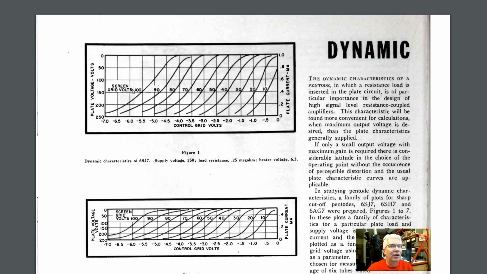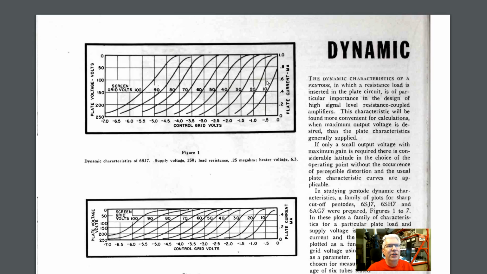This is a dynamic characteristic that shows you the plate voltage versus the screen voltage, and also versus the grid voltage. A big question when you're designing with Pentodes is what do you actually choose the screen voltage to be?